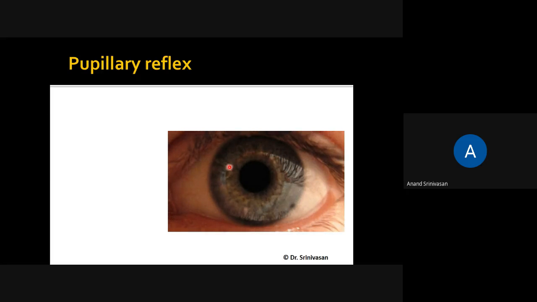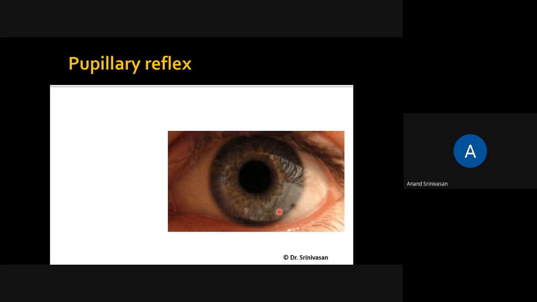Because there are certain muscles in the iris which help in constricting and dilating the pupil. The one which constricts the pupil is called constrictor pupillae, and the one which dilates is called dilator pupillae.